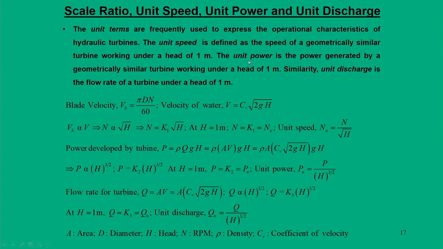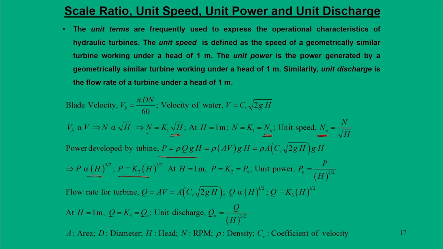First, from the same logic, when Vb is proportional to V, we say N is proportional to square root of H, and when H is equal to 1, K1 becomes N, and that term we call the unit speed Nu. So, Nu is equal to N by square root of H. With the same logic, for power, P is equal to rho Q g into H, replacing flow rate with A into V, we arrive at P is proportional to H to the power 3 by 2.